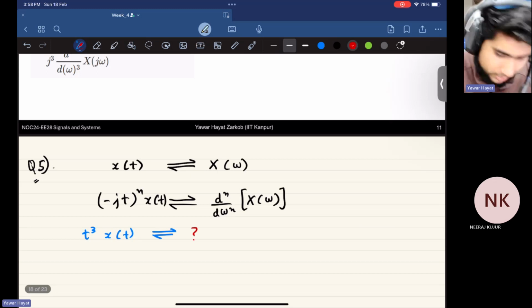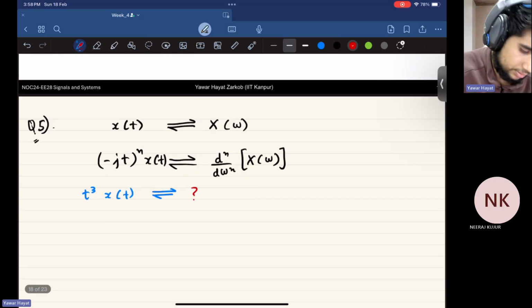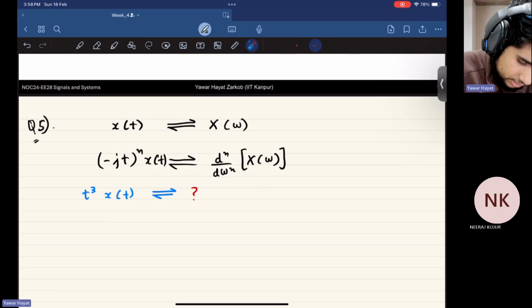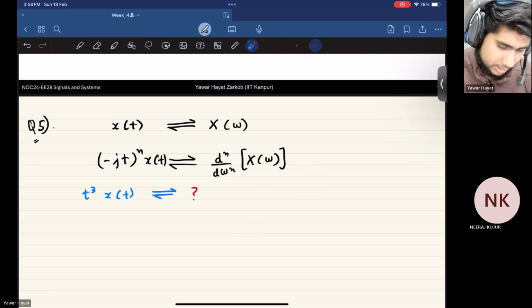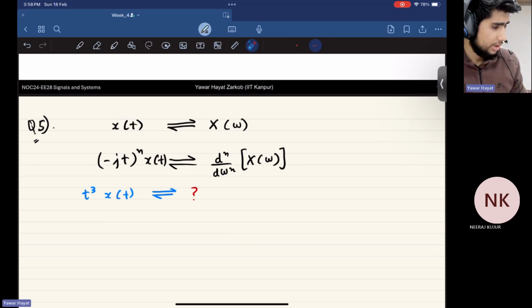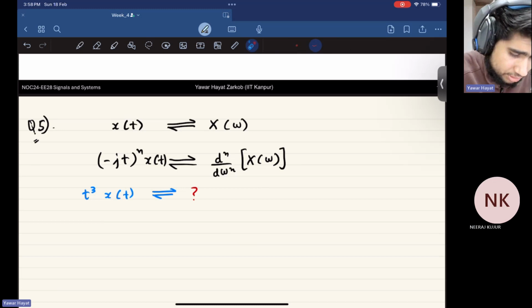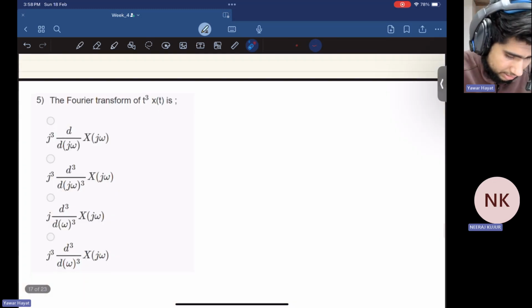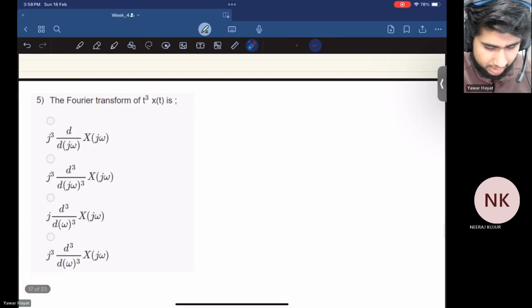This is the question. So I'll use this one. First, x of t would have this Fourier transform x of omega, and the result is in terms of omega.